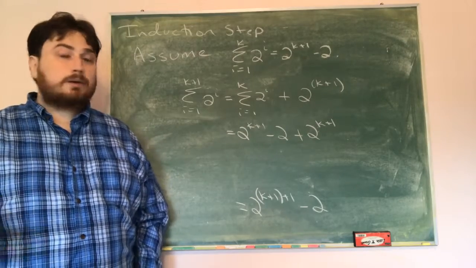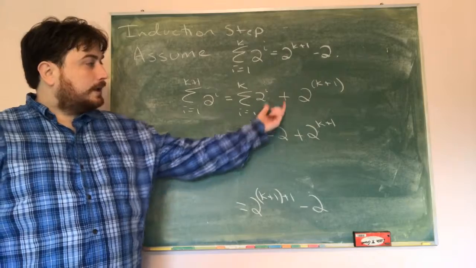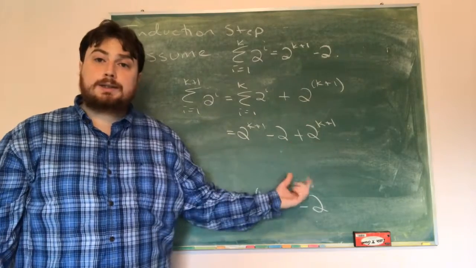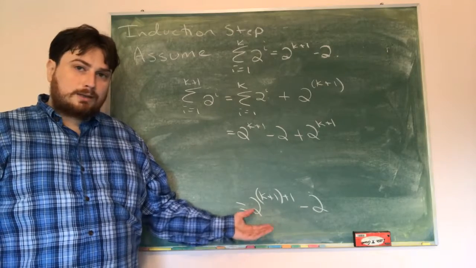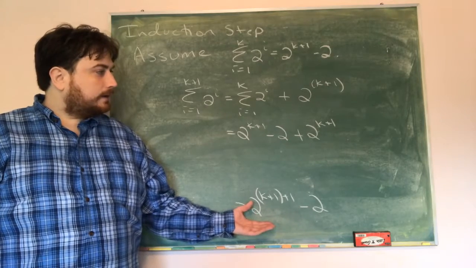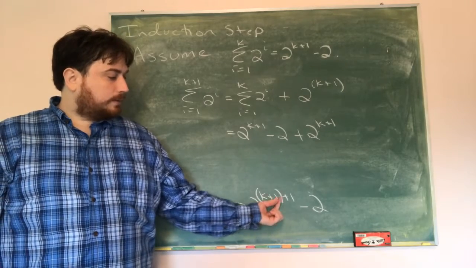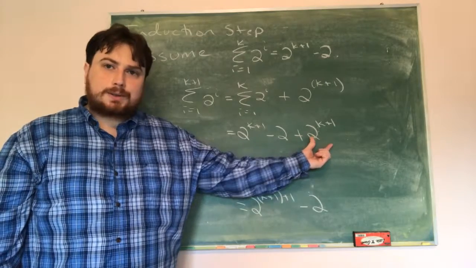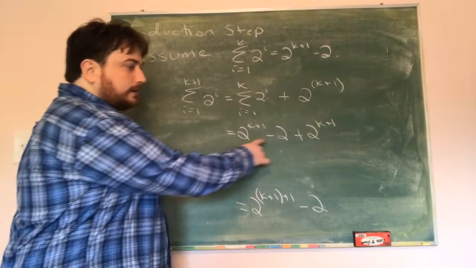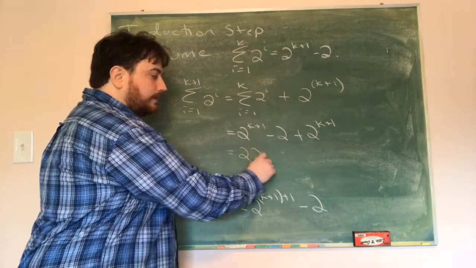So now I'm making progress. I've gotten rid of this first piece of the sum, and I know that I still have to add this piece in. So somehow I'm going to have to simplify this to end up with this. Having this goal in mind helps me decide what to do next. I really want 2 to the k plus 2, and I notice that I have two 2 to the k plus 1s. So I'm going to combine these: instead of saying one of these plus one of these, I'm going to say I have 2 of these.